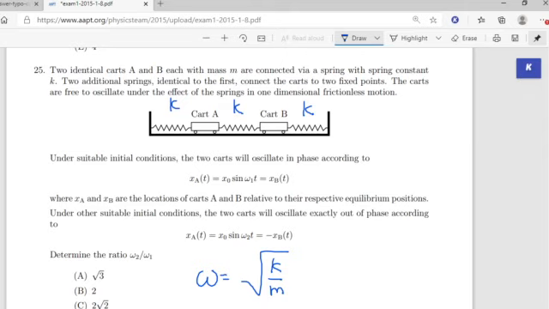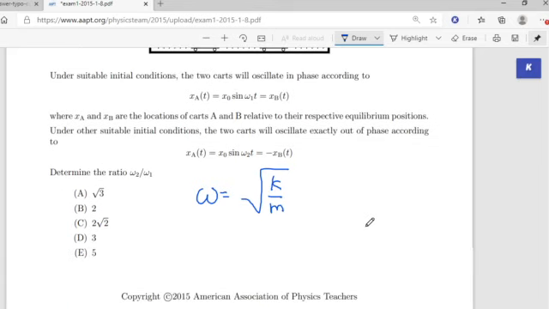And it says they will oscillate exactly out of phase. To be honest, I'm not sure how to solve this one. I'm not really a big fan of oscillations, so I should definitely prepare for oscillations. But I think I'll probably have to guess on this one.